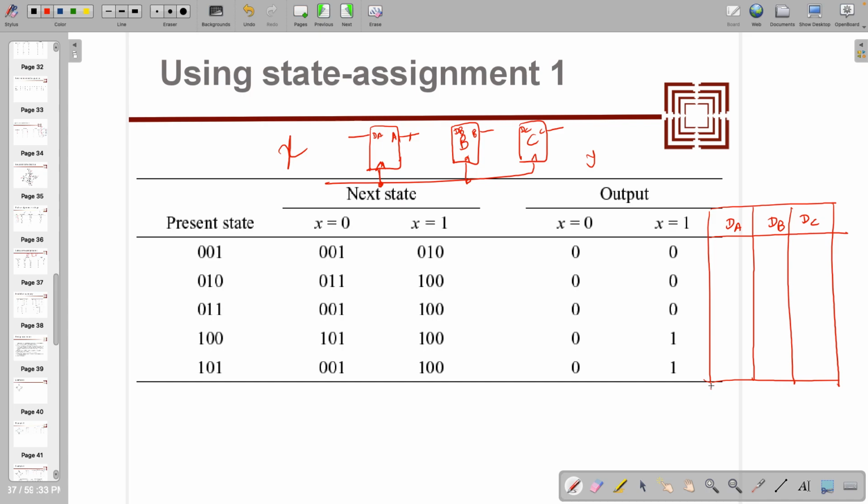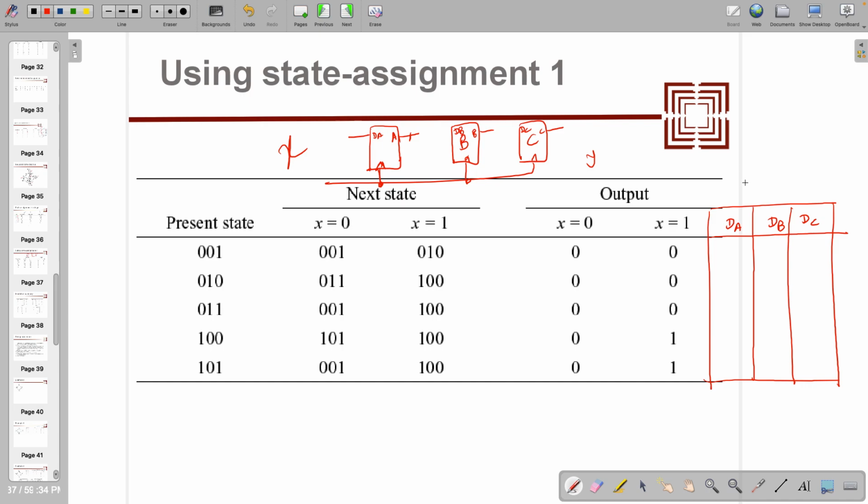Do we know that some technique through which you can find out DA, DB and DC from the present state and the next state? Excitation table, right? Yeah, you can speak directly. Right? So what will the answer over here?